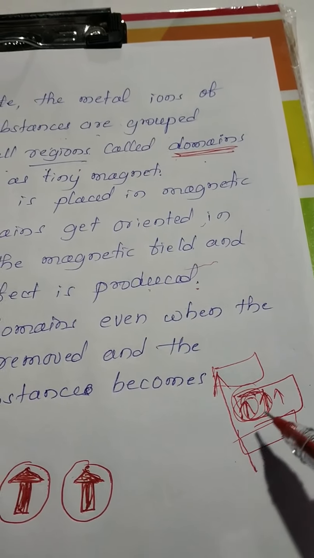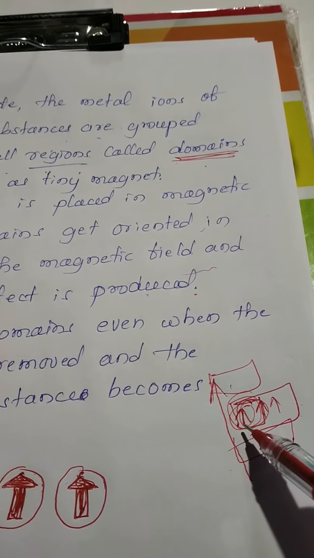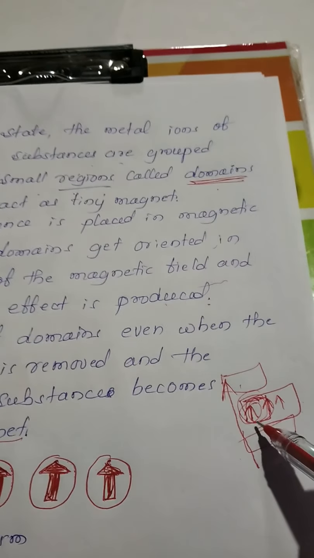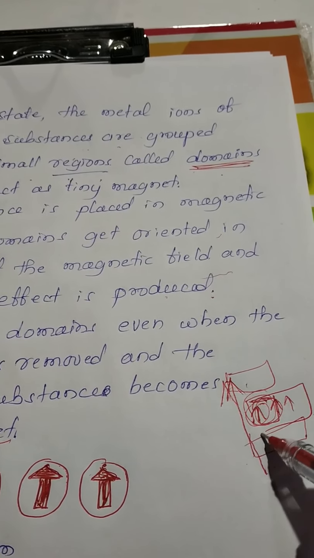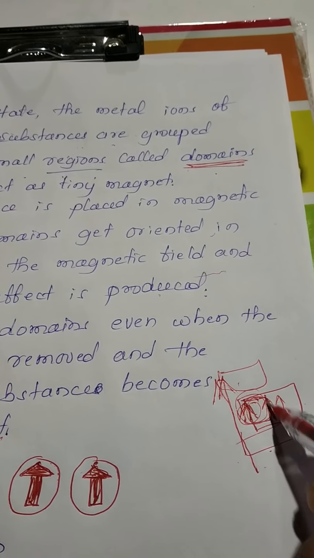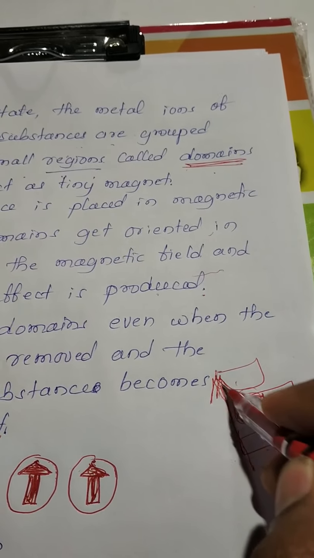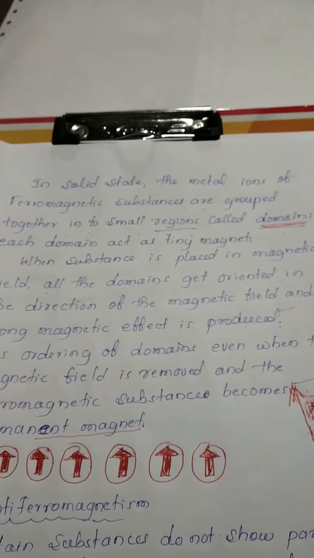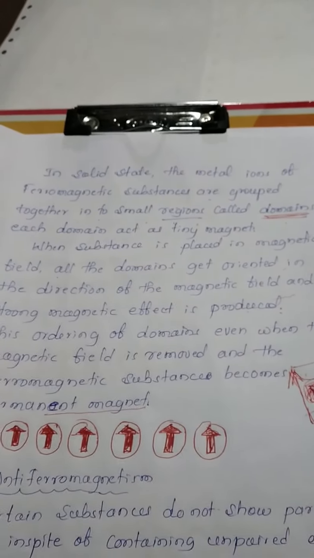When you place the substance in the magnetic field, the domains get oriented along the direction of the magnetic field. See, the direction of the domains is aligned with the direction of the magnetic field. Hence the strong magnetic effect is produced.